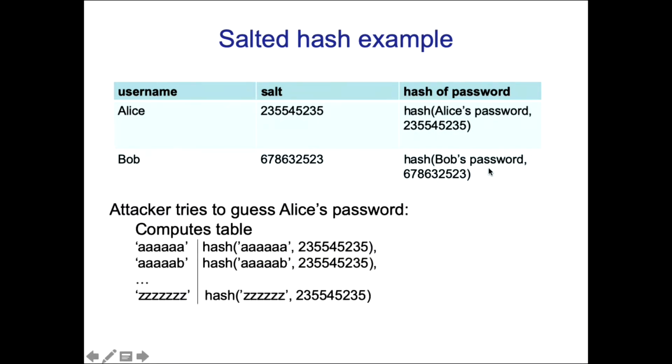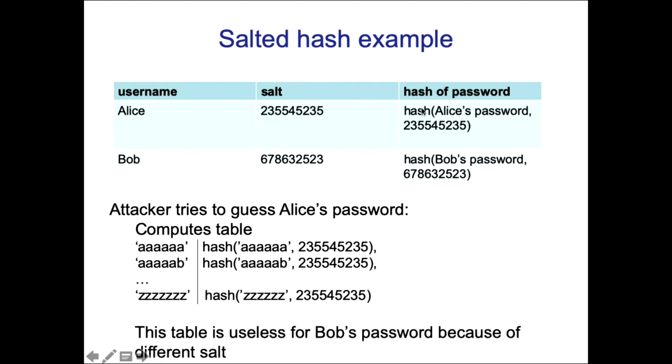So let's say he tries to first guess Alice's password. He's going to compute a table for every single word in that dictionary, hashed with Alice's salt. If there's any match between these hashes and Alice's, then the attacker knows it found Alice's password.